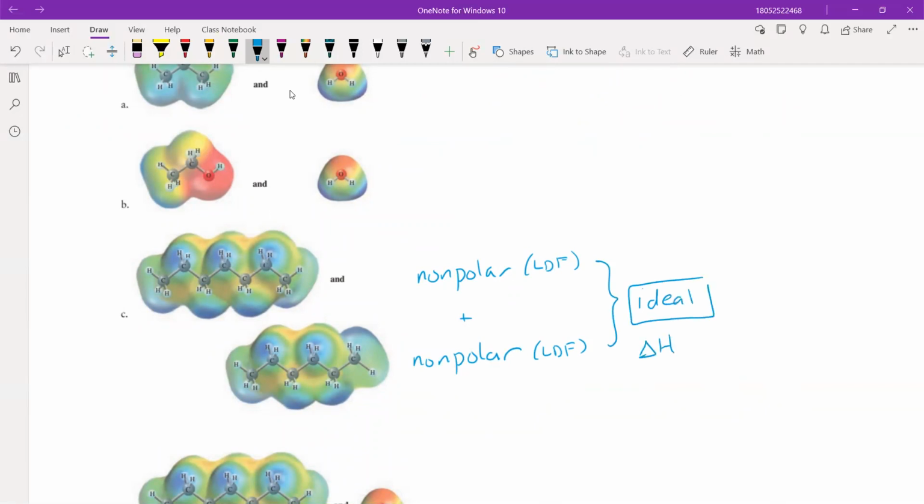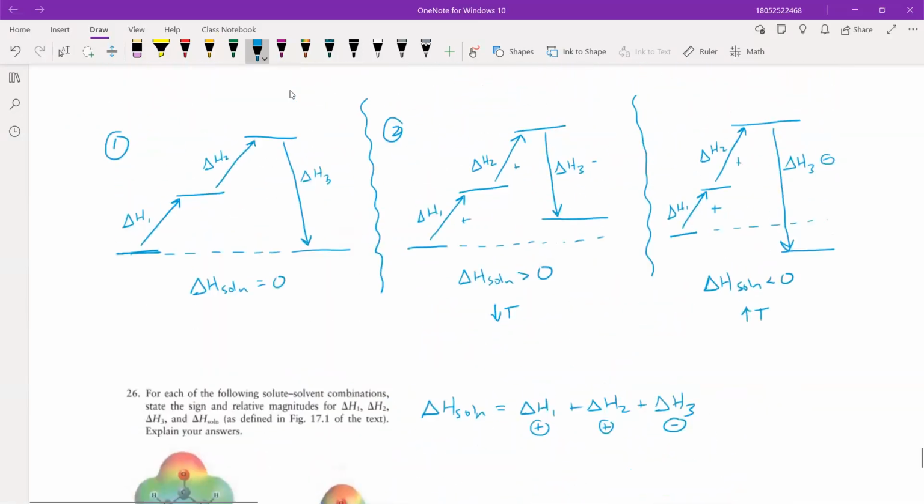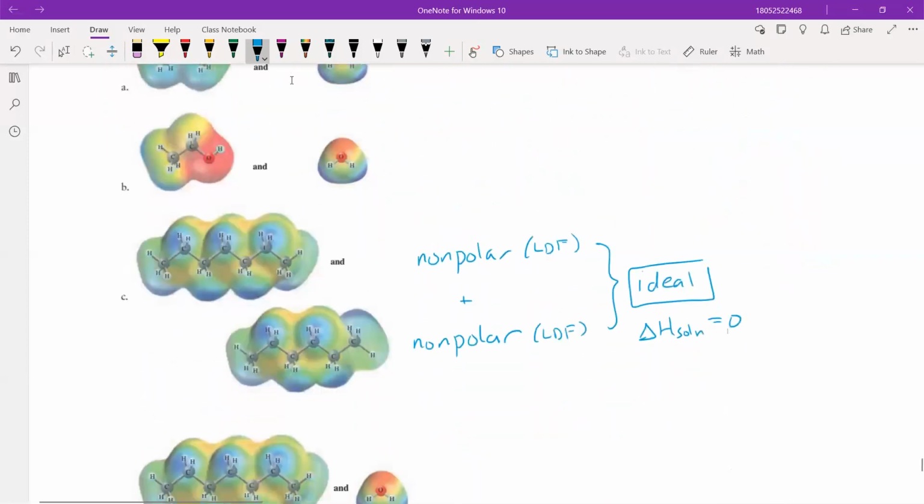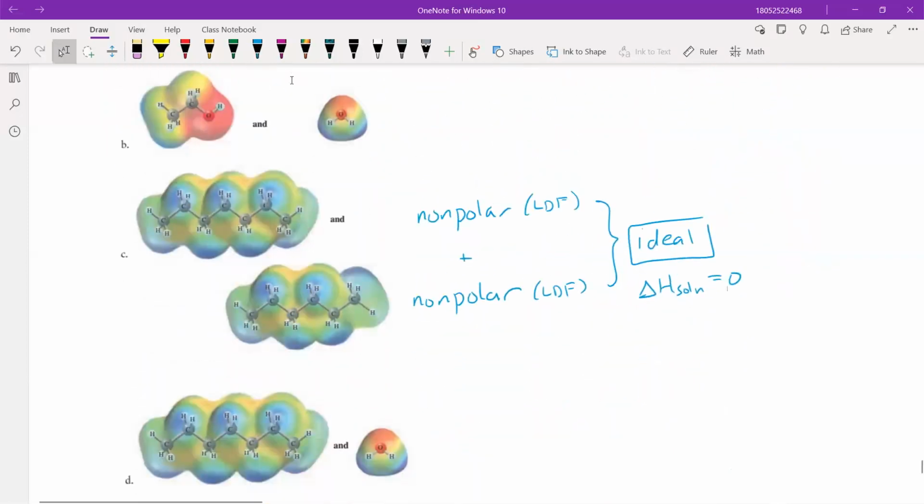Delta H of solution is basically 0, because the energy to break those individual substances apart is pretty much the same energy you get when you mix them together, same types of forces. So nonpolar is what you can mentally assign or write down to go with an ideal solution.